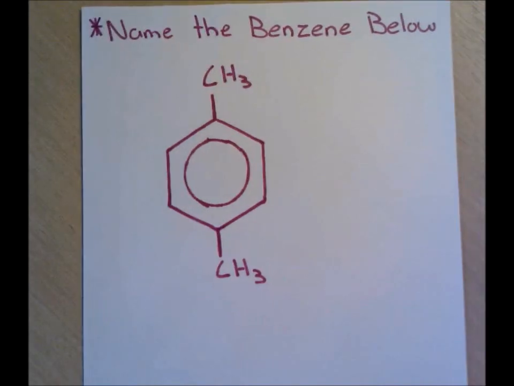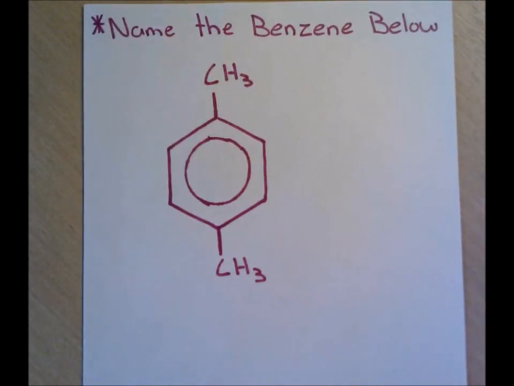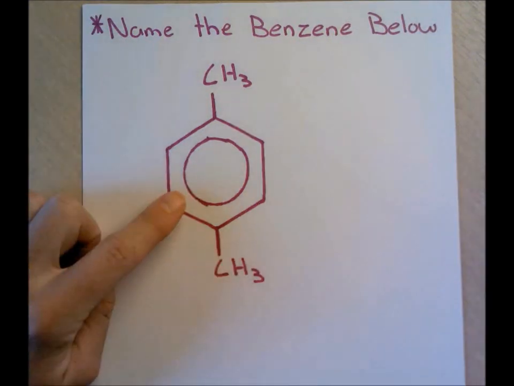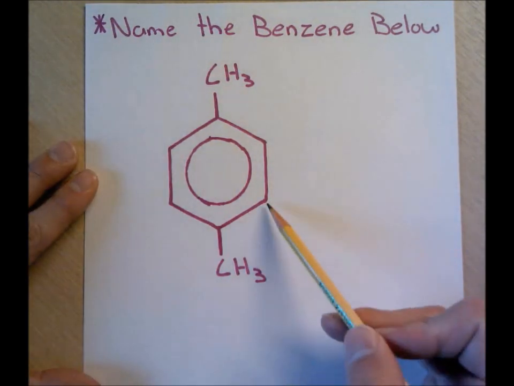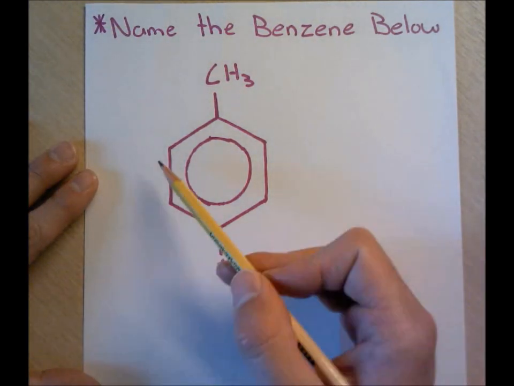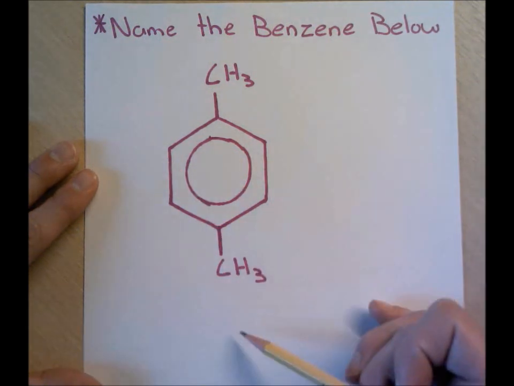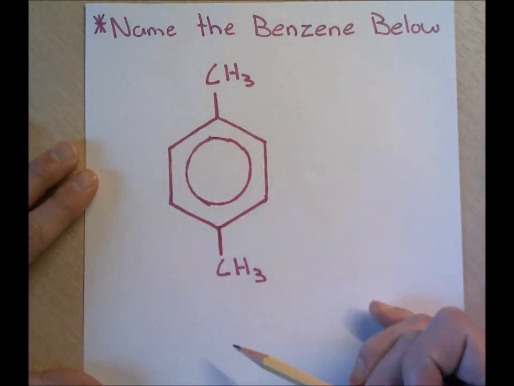So the first thing that we need to do is recognize that we have a benzene structure. For the name of the parent structure, we don't have to count. Because we have a 6-sided ring structure, we have our name, which is going to be benzene.